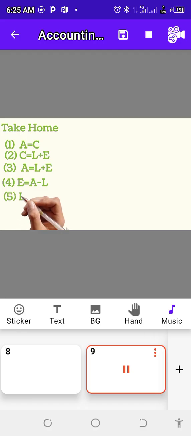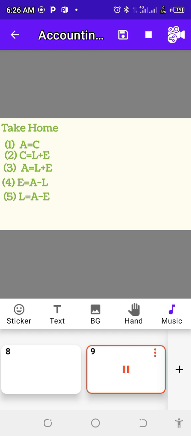Now, this is a summary of what we have just done. You may be asked to calculate the assets or the capital. If you are asked to calculate the asset, asset is equal to what? Capital. If you are asked to calculate the capital, capital is equal to what? Equity, and so on.